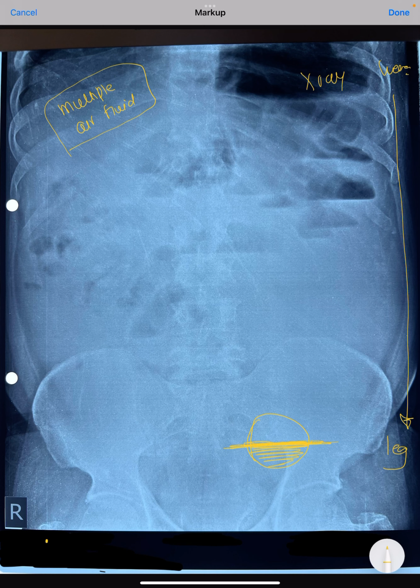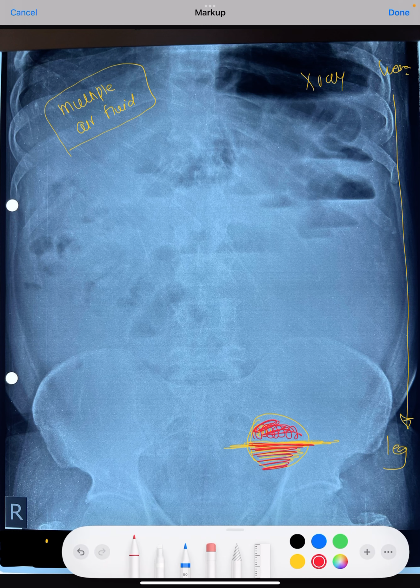As there is air inside that cavity, the air will be seen on the upper part. So air will be above, and there will be one transverse line below which there will be accumulation of fluid. This is called an air fluid level.